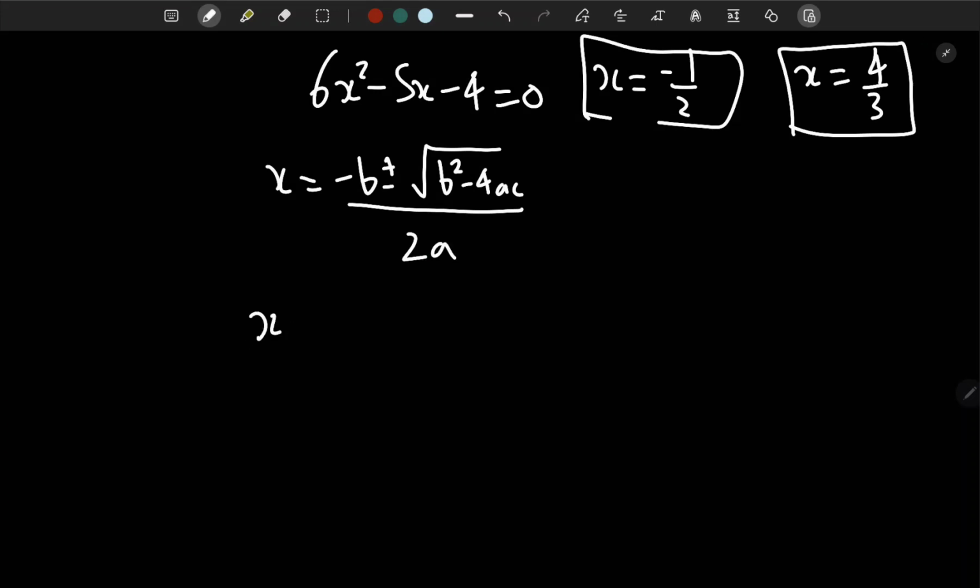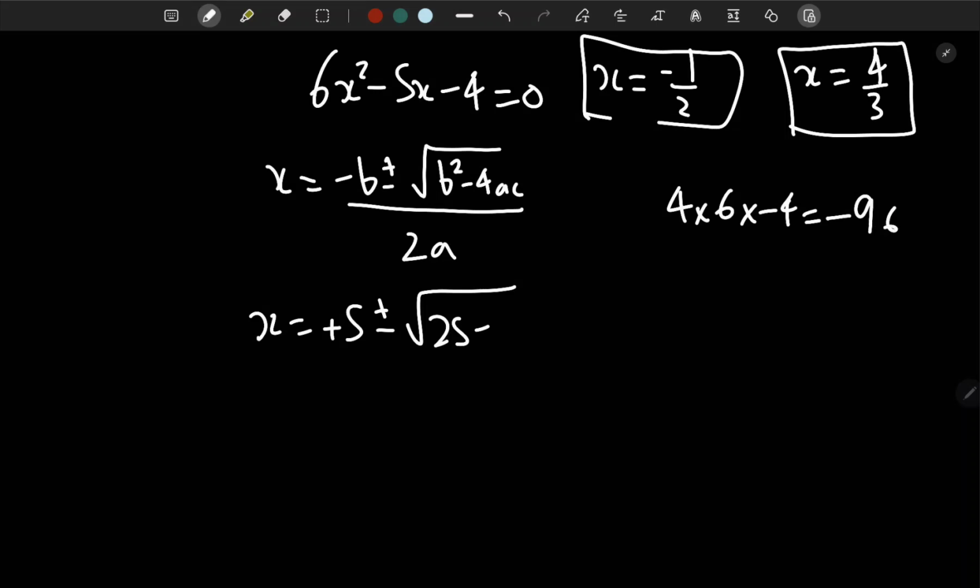So here x is equal to minus b, so it's going to be plus 5 plus minus radical b squared, which is 25, minus 4, a is 6 and c is minus 4. 24 multiplied by negative 4 is negative 96, so here it is going to become plus 96 since there are two minus signs, over 2a, which is 12.